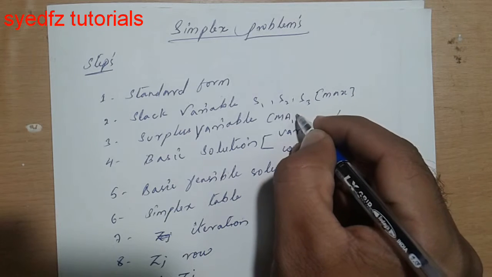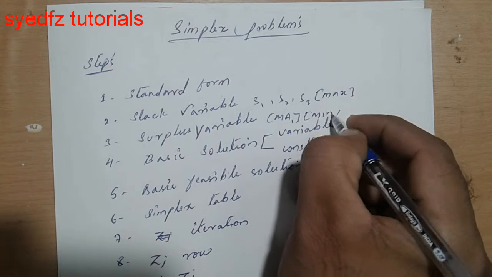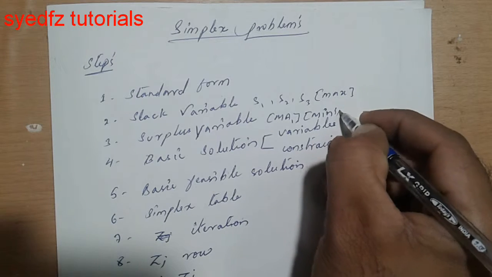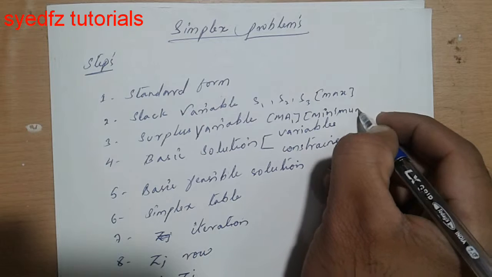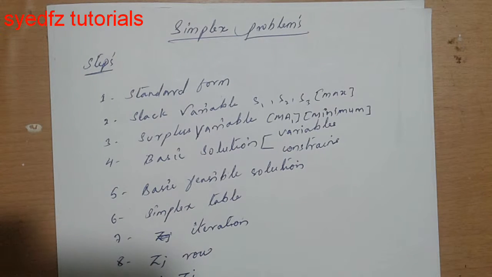Surplus variables are required whenever minimum is given.